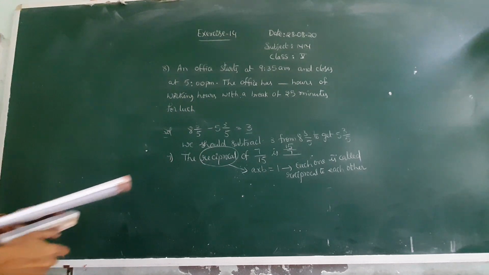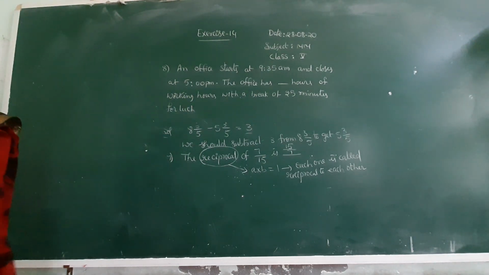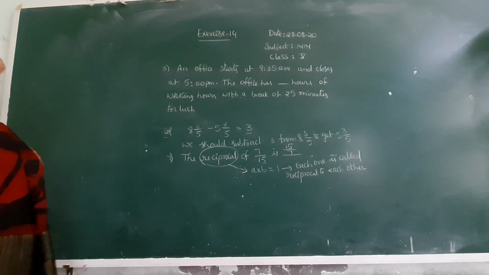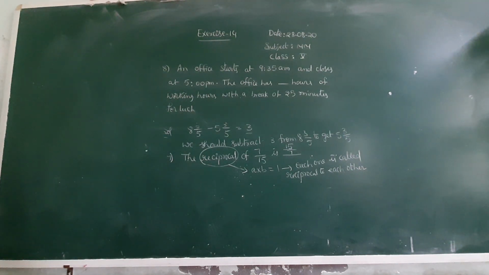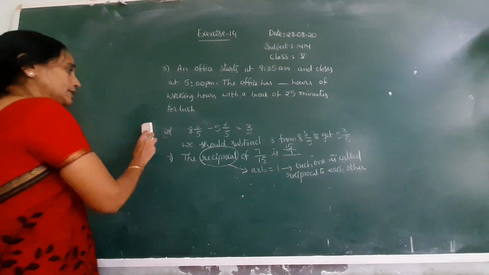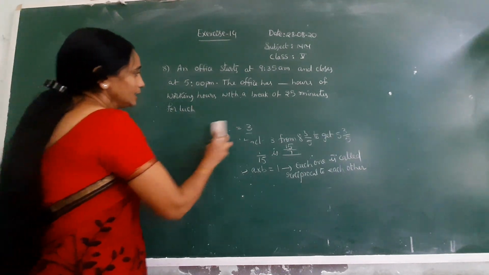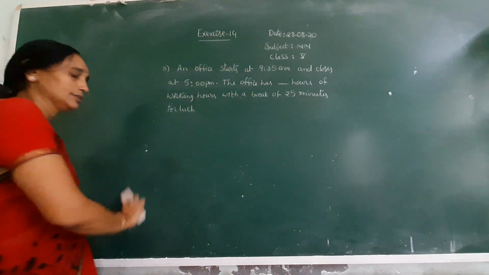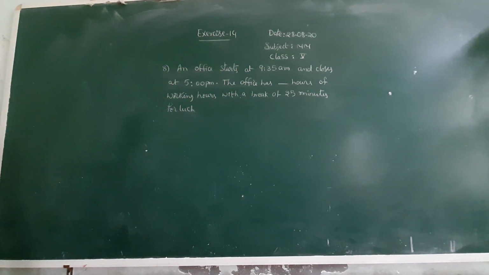See, the office starts at 9:35 a.m. in the morning time, and closes at 5 p.m. in the afternoon session, in the evening. They have given 25 minutes for lunch also. Here they are asking to find the working hours of the office.